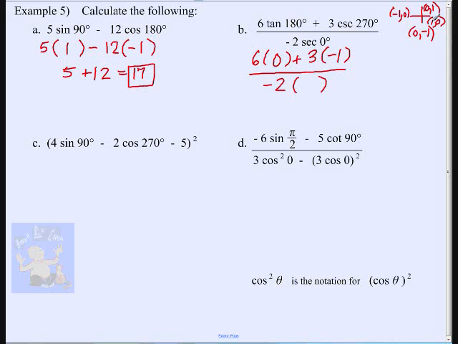Cosine, we know, is x over r. That would have been 1 over 1. The reciprocal of that is 1. So we should be able to simplify this. This is easy enough. 0 minus 3 over minus 2, or a positive 3/2.